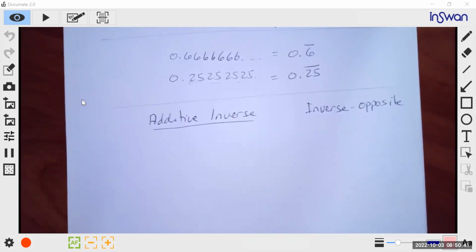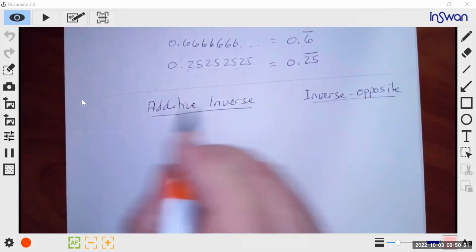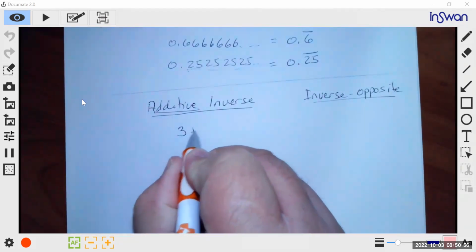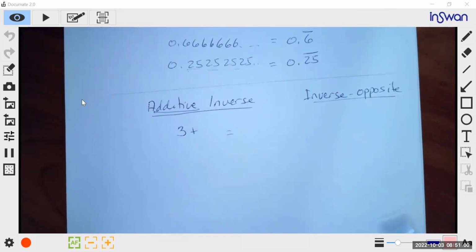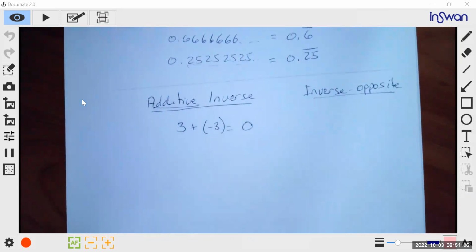Yes, it is a flip, but that doesn't mean the inverse itself. It works only in multiplication, the flipping part. So inverse simply means opposite. Additive inverse. What is the additive inverse of 3? What's the opposite of 3? Yeah, -3, because if you add them together, you get 0.